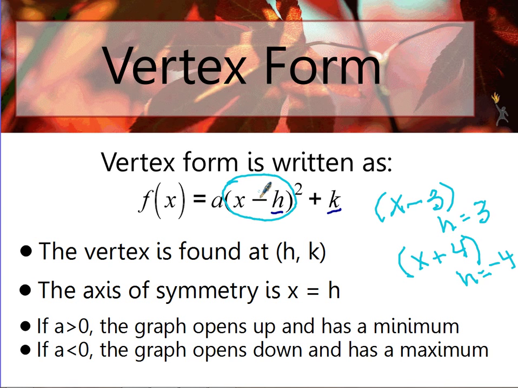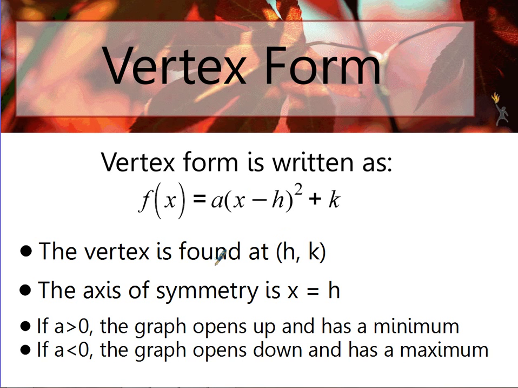It's almost like that subtraction sign is saying it's the opposite of what you see here. So if I see a negative 3, h is going to be the opposite of that. If I see a positive 4, h is going to be the opposite of that. Keep that in mind as you go through today's lesson.